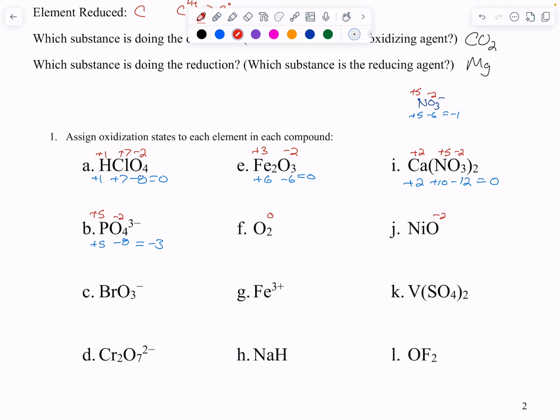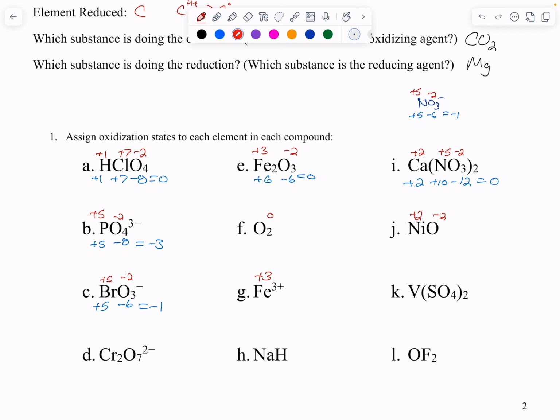Oxygen's -2, so nickel 2 oxide. BrO3-, another polyatomic ion. Adds up to -1. Start with oxygen. Oxygen's -2. That's a -6, so that means bromine's +5. Iron 3+. Easy. Don't need to circle it.